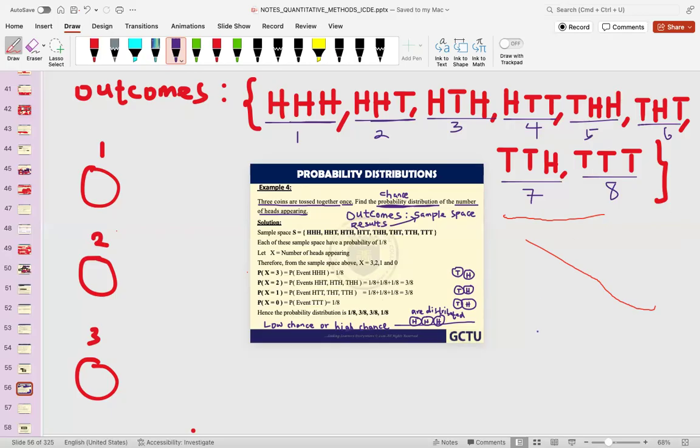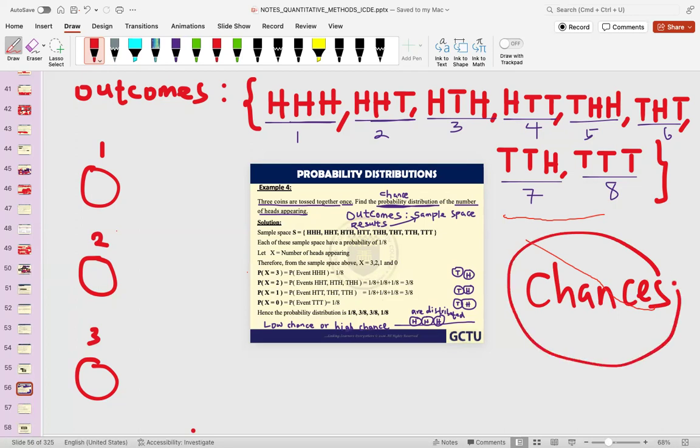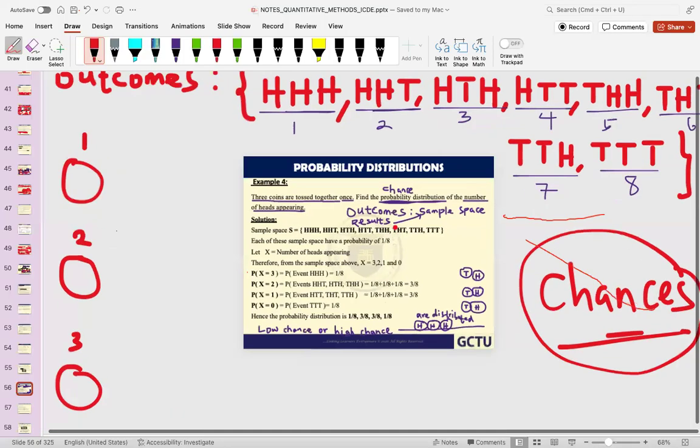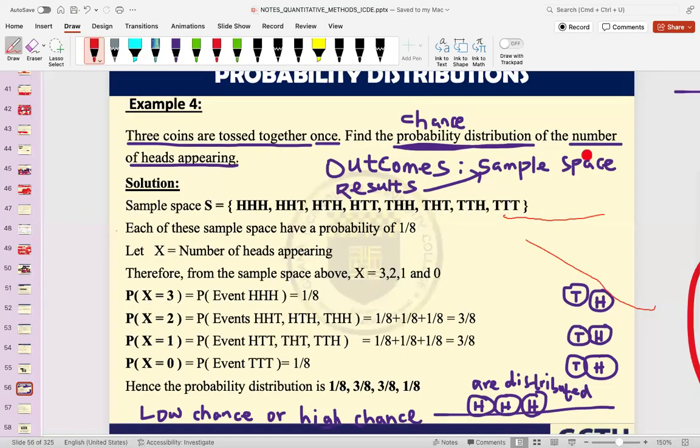So how then do we calculate our chances? According to the question, we should calculate the chances that when you throw the coin, we'll see some number of heads appearing.